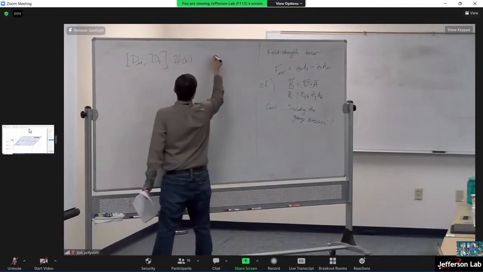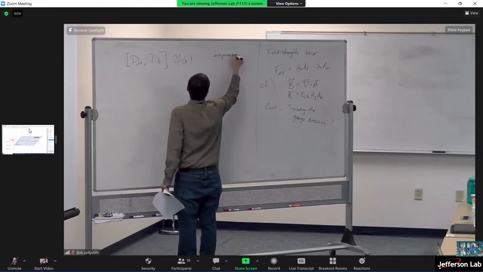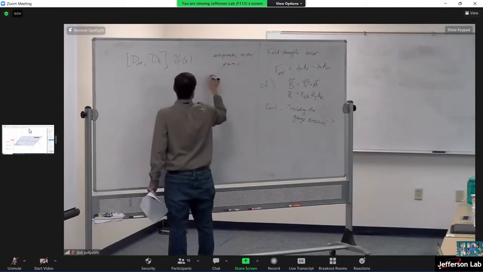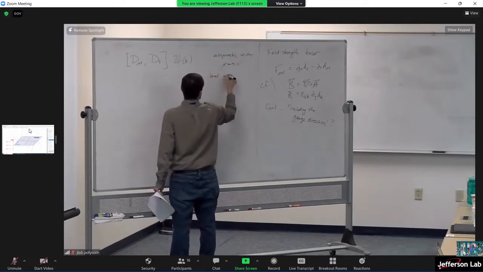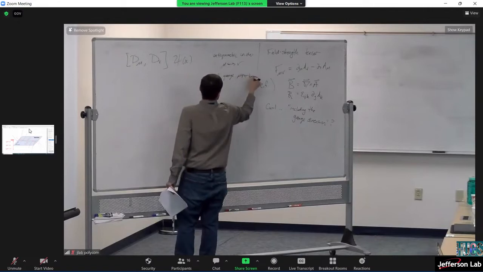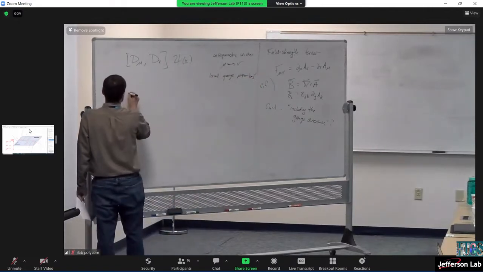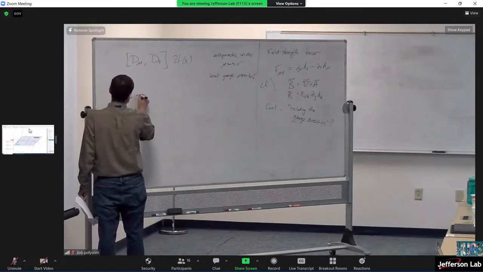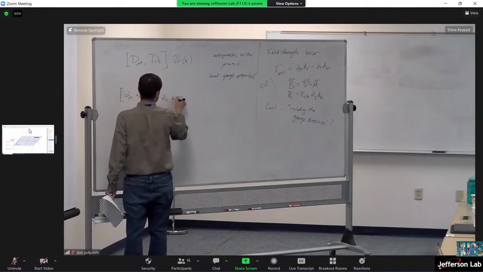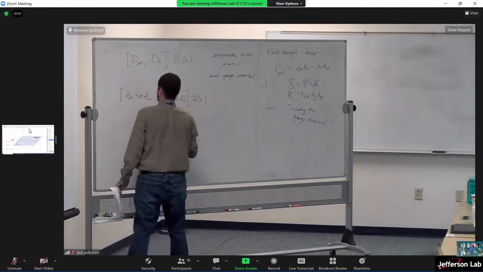This is an anti-symmetric object under mu goes to nu, and it has local gauge properties. So if I open up the brackets and calculate this, this is partial mu plus i e A mu, commutator with partial nu plus i e A nu, acting on something like psi of x.